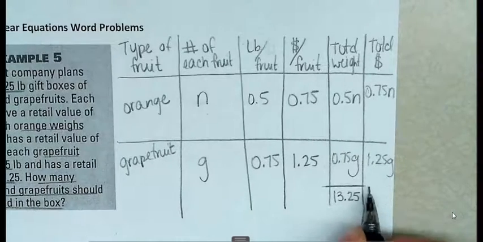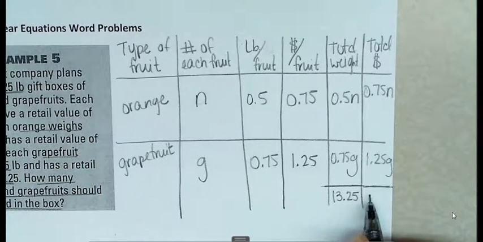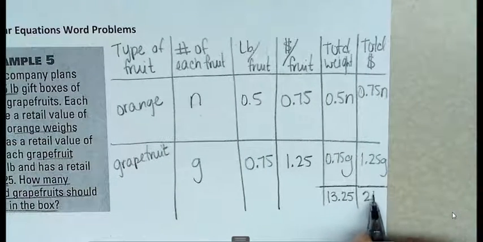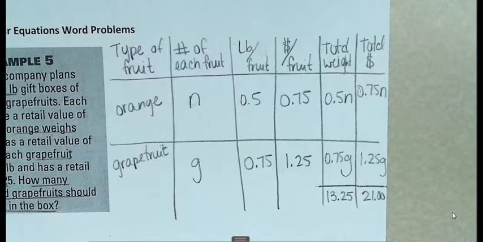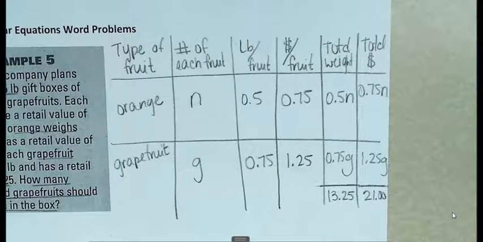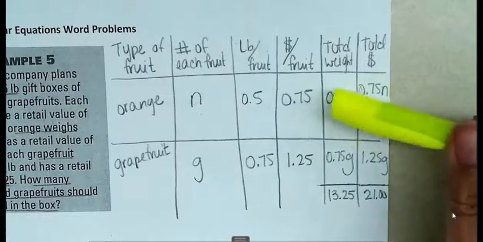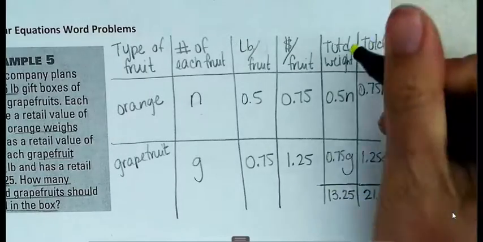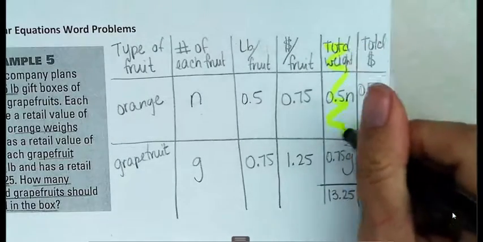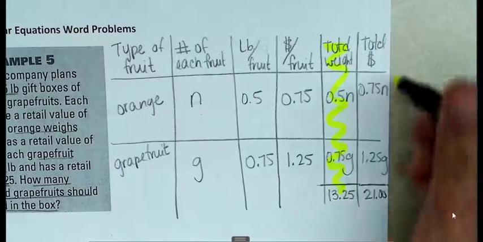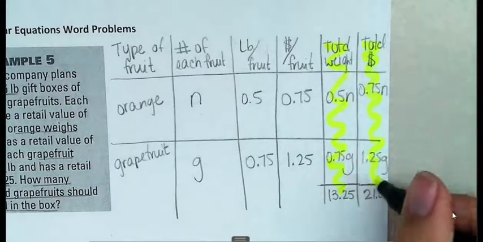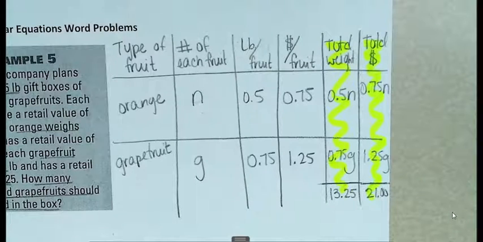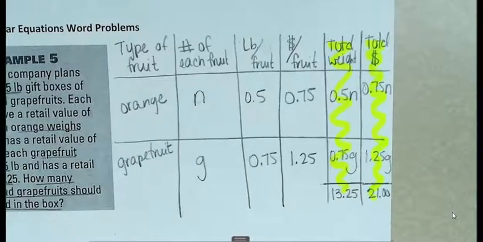So my total cost under this column is going to be $21. Now I have enough information. I have some variables, I have totals. I can end up with a total weight equation and a total cost equation. Because I have two equations with two variables, I can solve those to figure out how many grapefruits and how many oranges I should have.